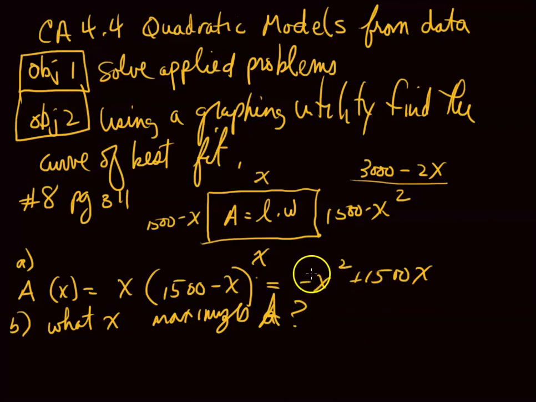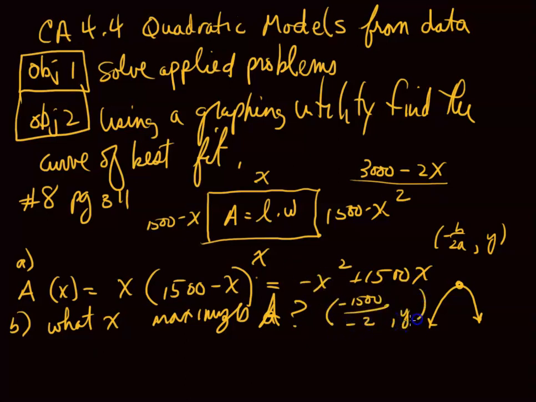Because this leading coefficient is negative, this parabola opens down, and the vertex will be the maximum. Remember, the vertex is negative b over 2a when it's written in this form, and then plug that in to get y, or in this case, the area. So negative b over 2a, this negative 1,500 over negative 2. Plug it in to get y.